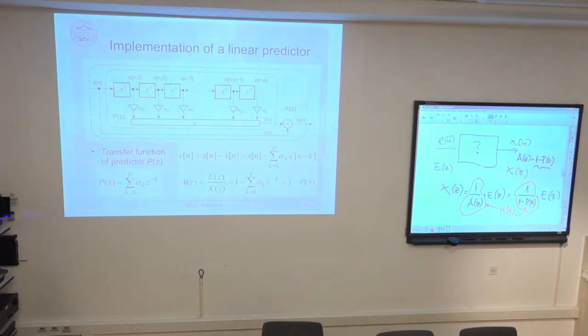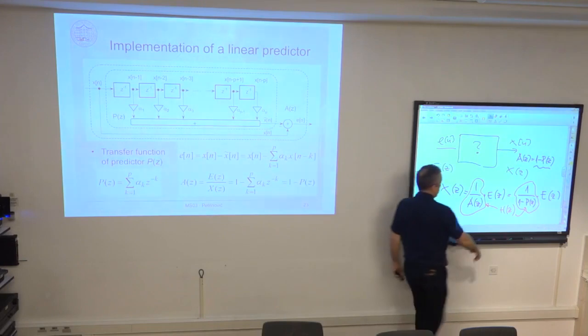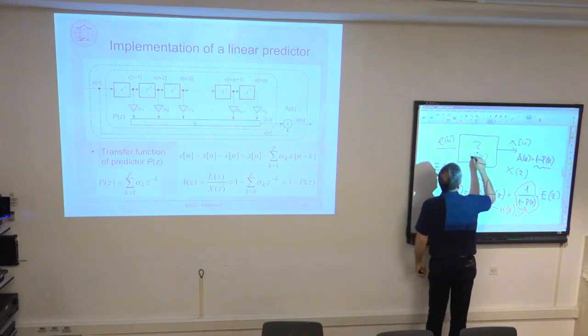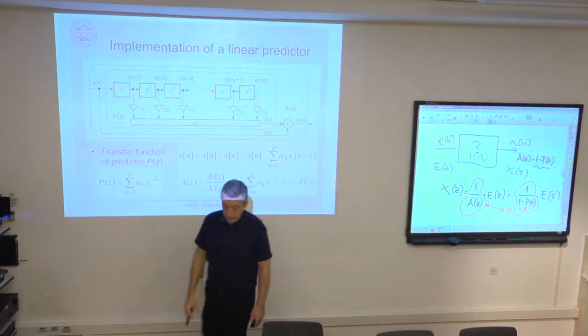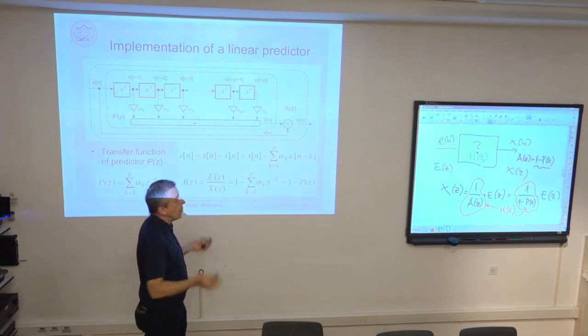So the question mark in this block is h of z. This h of z is the unknown system that is used to reconstruct the original signal. Of course, so far we don't have any quantization.